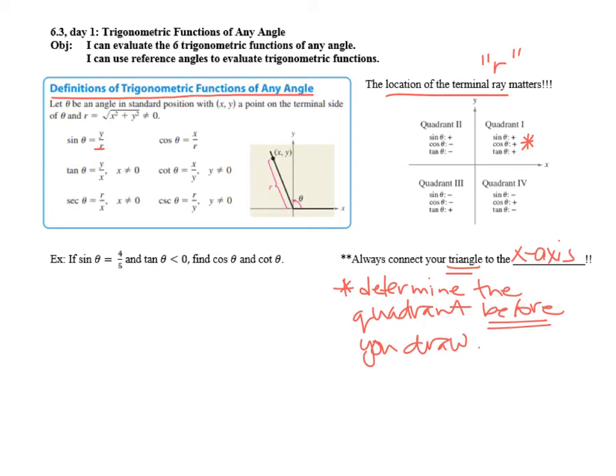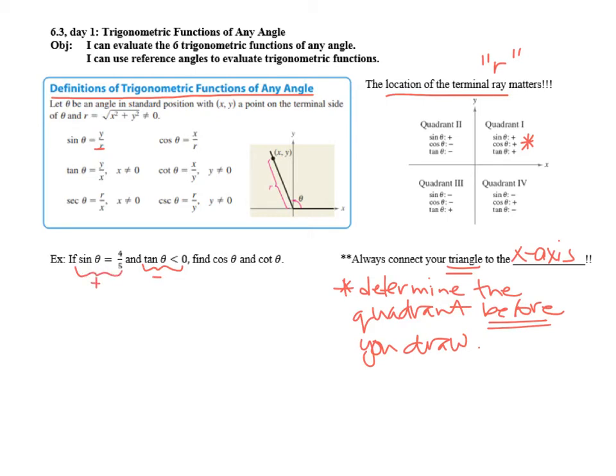Here's what I mean. In the example over on the left, it says if sine of theta equals 4/5. Now normally we would just draw a right triangle and label the opposite and adjacent side lengths. But it also says tangent has to be less than 0. So now what that means is tangent is going to be negative. And because sine is 4/5, technically sine is positive.